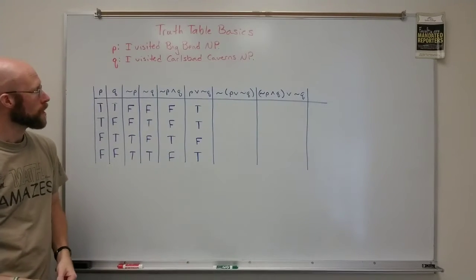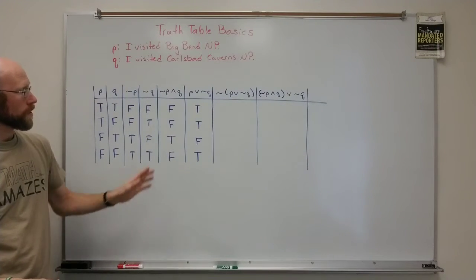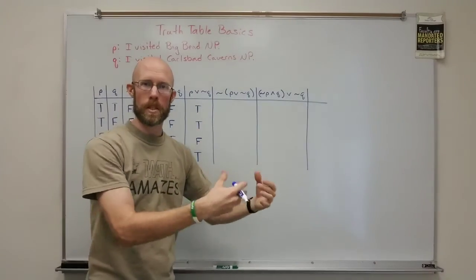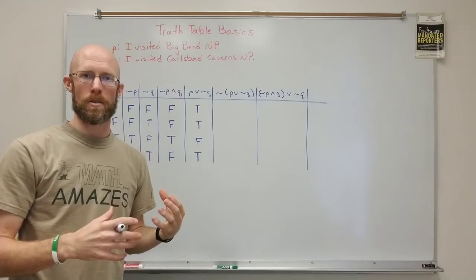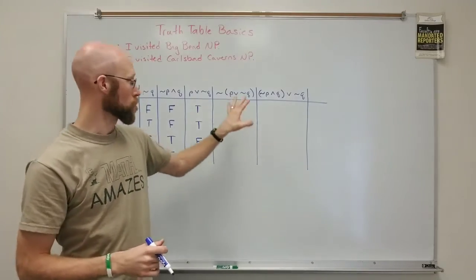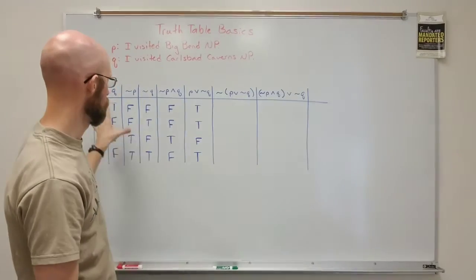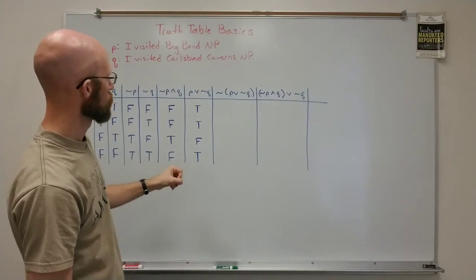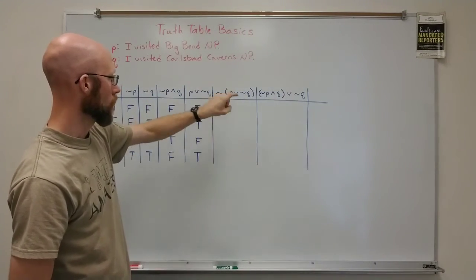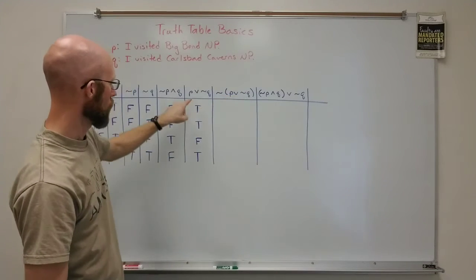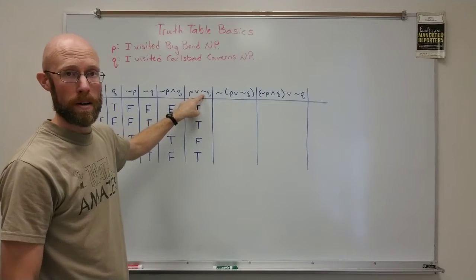Okay. Then the next one I have, and each of these is independent. I am kind of building these up, but I don't have a particular rhyme or reason as to why I chose these. I just was picking some random things off from prior columns. So here I have the negation of P or not Q. Well, I already have P or not Q in a prior column.